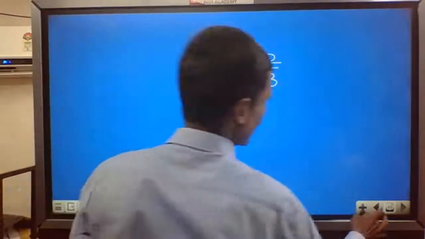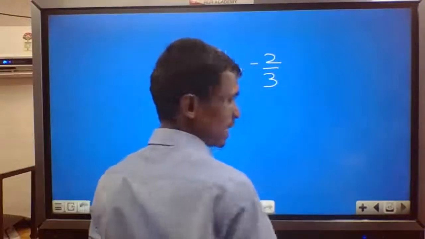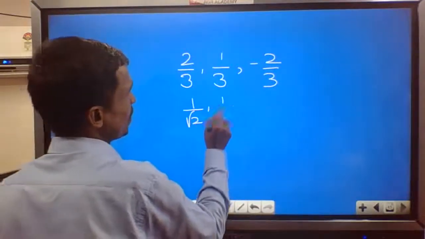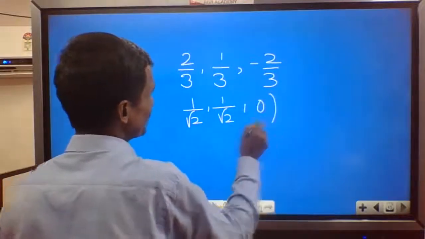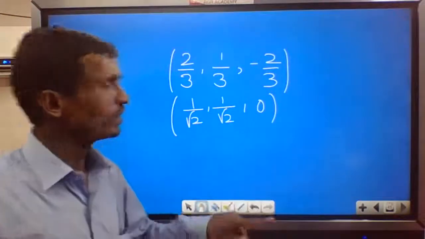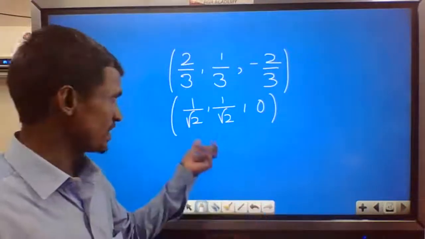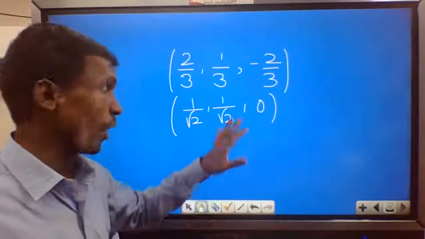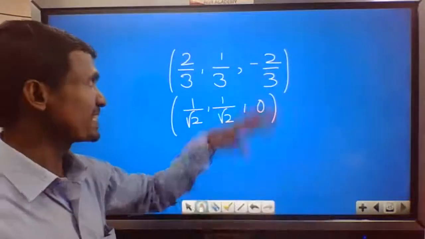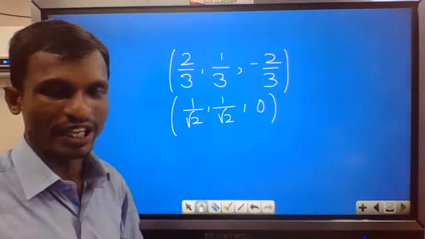From the plane, 1² + 1² + 0² = √2. Now write the direction cosines: from the line, 2/3, 1/3, −2/3, because 2, 1, −2 over 3, 3, 3. And from the plane, 1/√2, 1/√2, and z should be 0. The plane has only x and y coordinates present, but the line has all three coordinates.